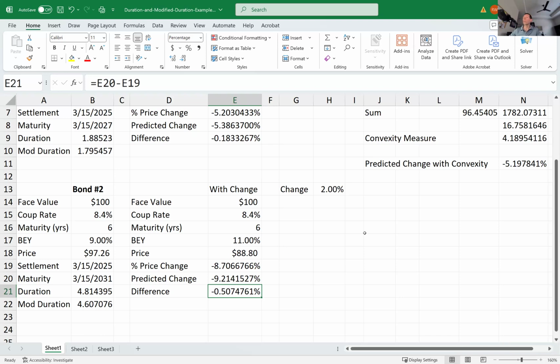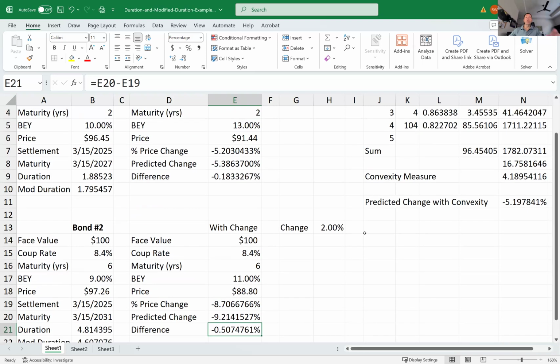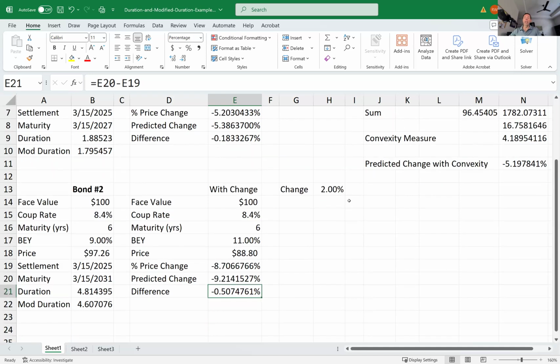And again, you can play around with this to see the different changes there. So this is showing you how modified duration is projecting the change in the price of bonds. And again, if we have relatively small ones, let's make this 0.02%. And we can do negatives as well, of course.